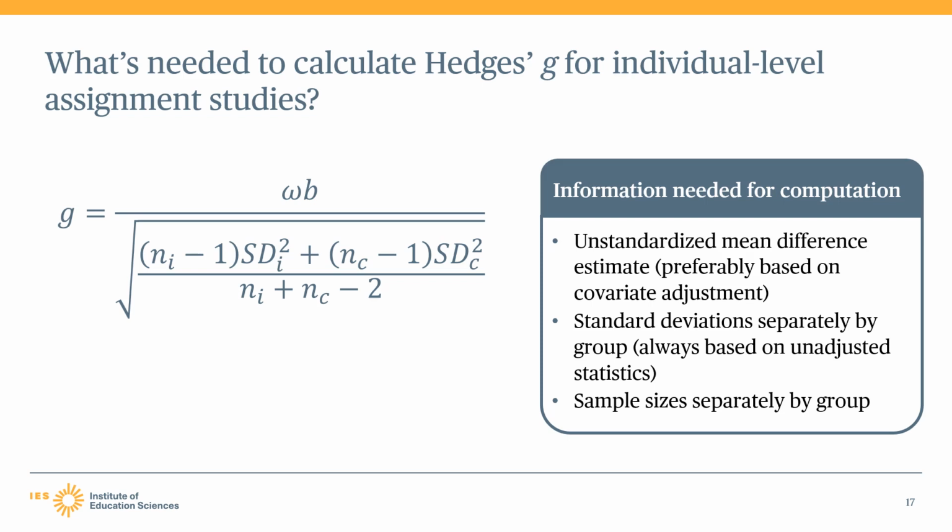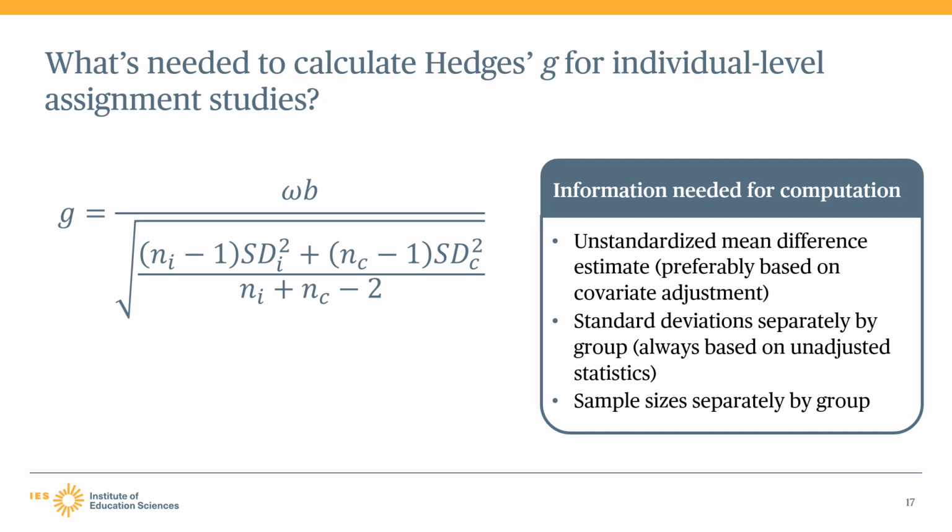It is important to note that the standard deviations used to compute Hedges G always should be based on unadjusted statistics, which ensures comparability of effect sizes across studies. However, the WWC will accept standard deviations for an outcome measure from national, state, or district norms if an unadjusted standard deviation from the analytic sample is not available.